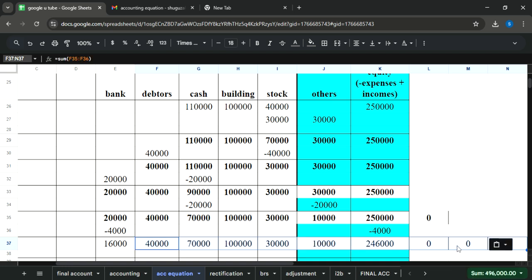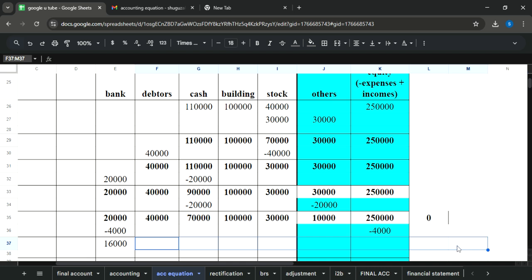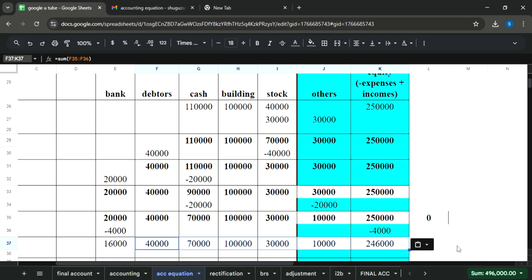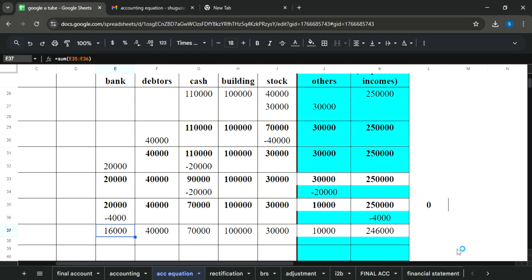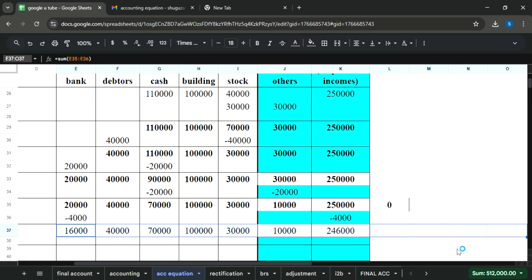So here we are going to take. So guys, all additions are completed, all entries are completed. What we will do finally is to take the sum of both sides.